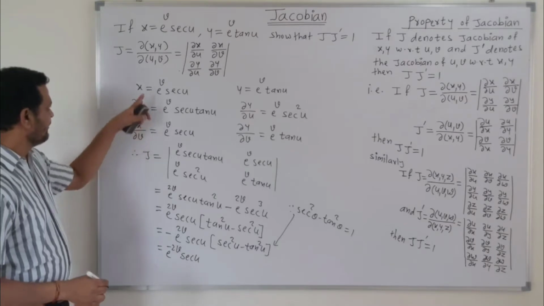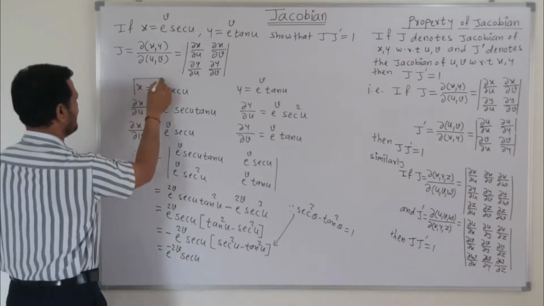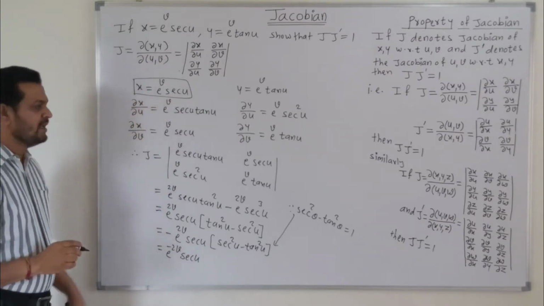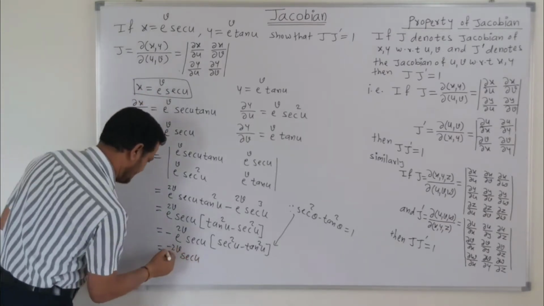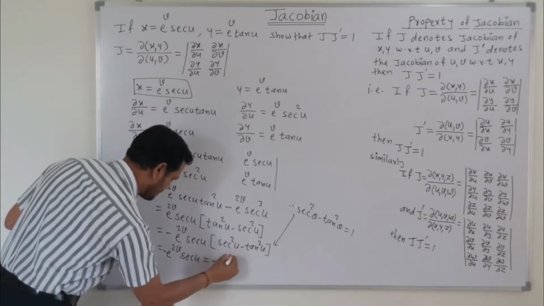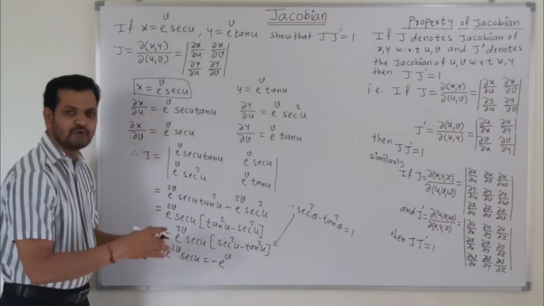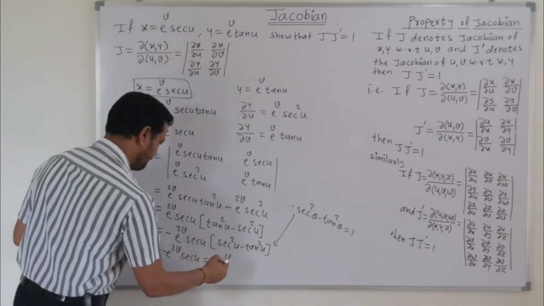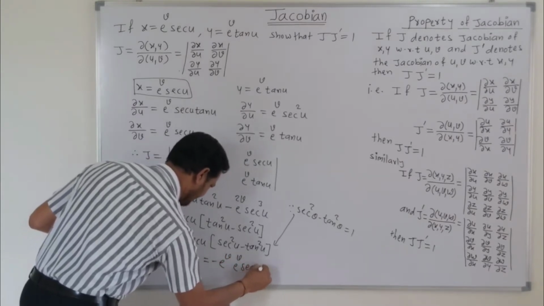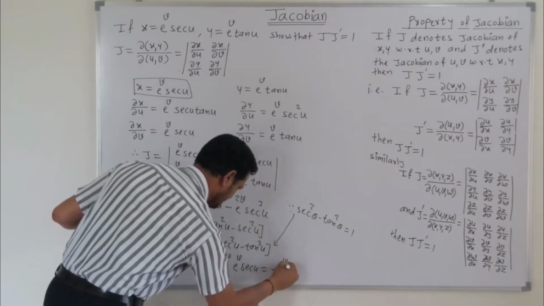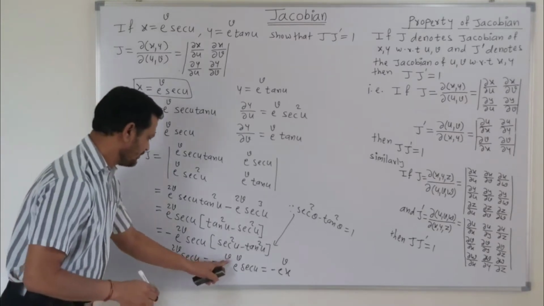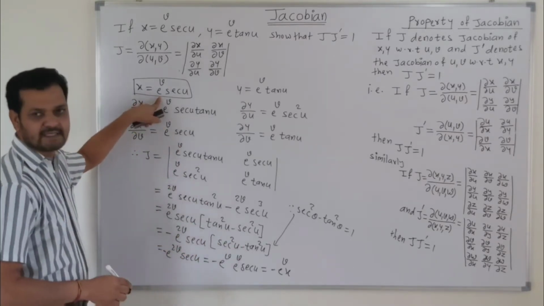But friends, here if we consider this formula, we mentioned that x is equal to e raised to v sec u. If we apply this concept here, this minus sign is here. So this becomes minus e raised to v. We split e raised to 2v into two parts: e raised to v, then e raised to v, then sec of u.